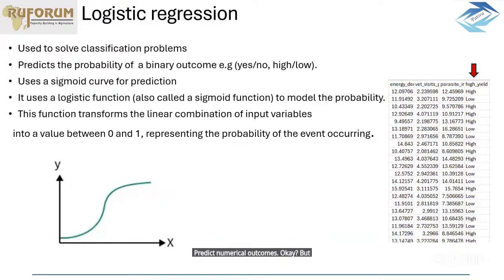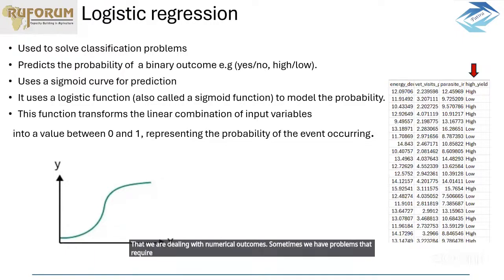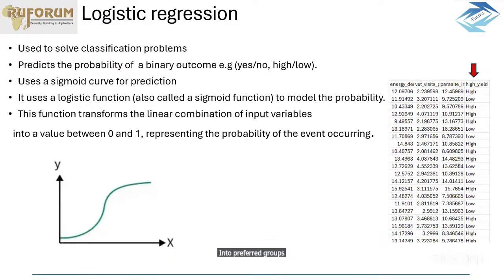But it is not always the case that we are dealing with numerical outcomes. Sometimes we have problems that require us to classify information into preferred groups or existing groups. For example, in our case, we have information about farms and crops, and we want to classify and see if we can predict whether the yield will be high or will be low, okay?